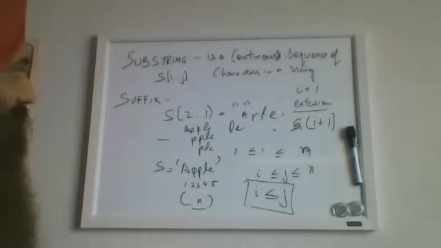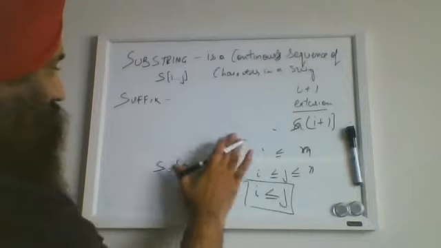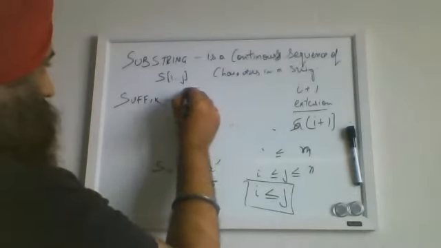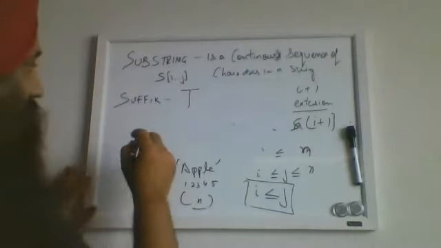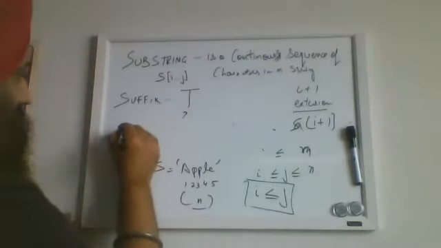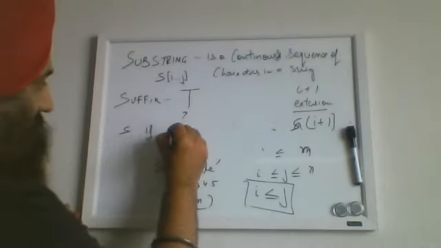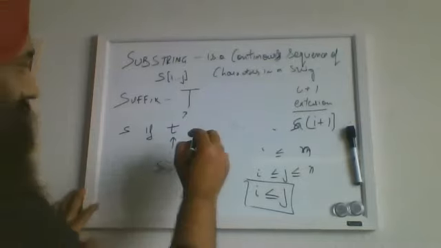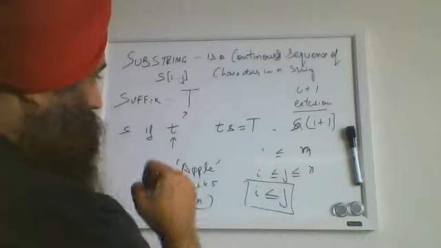A suffix is defined as follows. Suppose you have a string t. A string s is a suffix of t if there exists a string p such that p concatenated with s is equal to t.